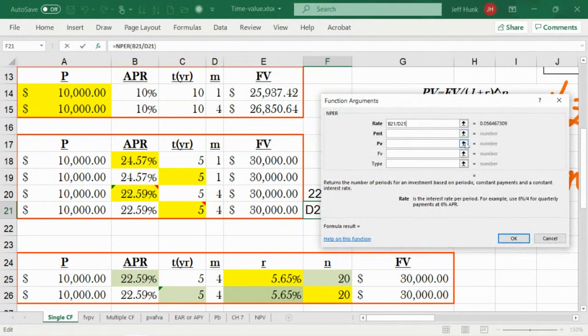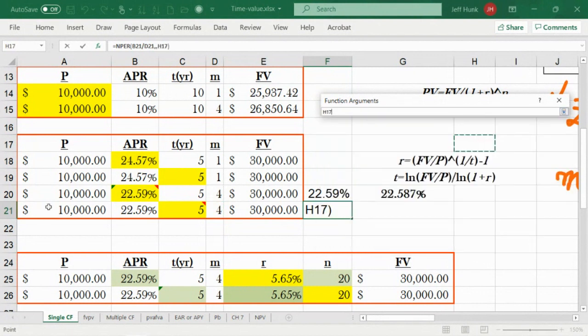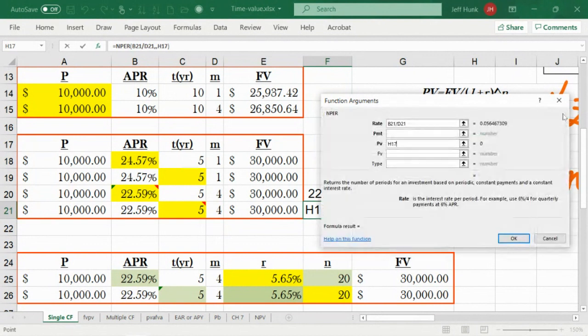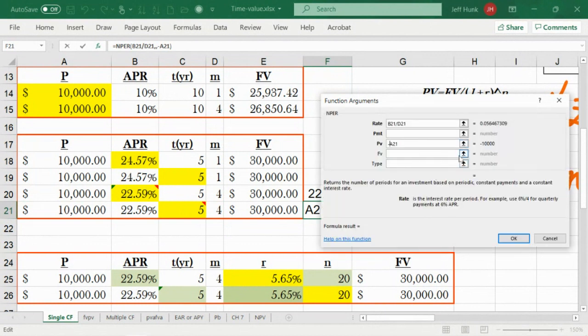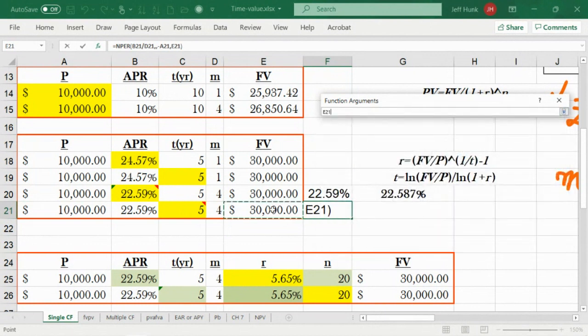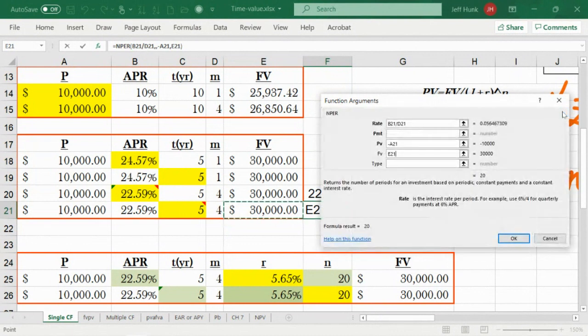There's no payment here. Present value is this, and you always need to enter it as negative, because it's a cash outflow. And then your target future value is this, and there you go.